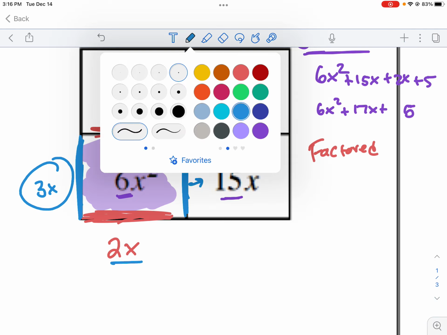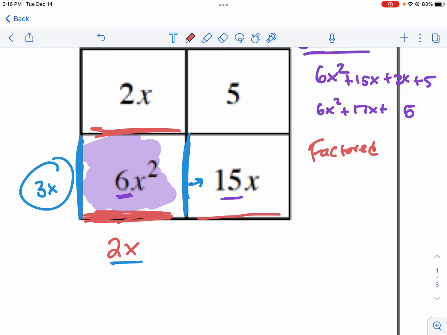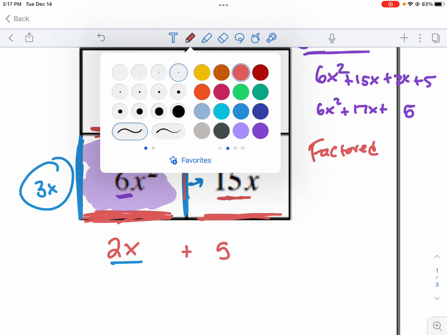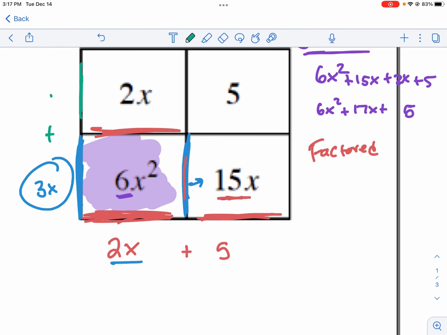Now, if we look at the rest of this length down here on the lower right, it would have to be 5 because that blue 3x times 5 would give us 15x, right? And then up here on the top, this would have to be a positive 1 because the green times my pink would be 2x.